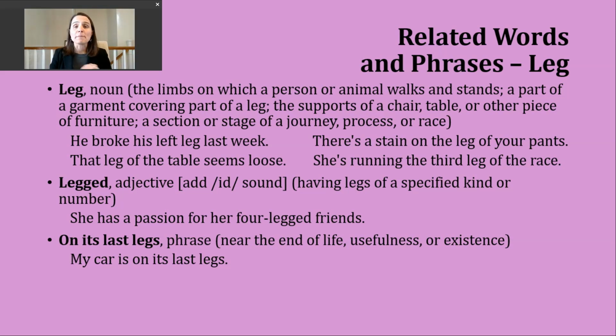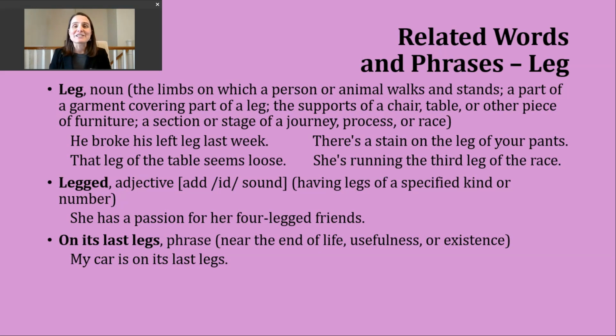A second way we might use the noun "leg" is to refer to a piece of clothing, a garment that covers either the whole leg or a part of a leg. An example of that might be, "there's a stain on the leg of your pants," right? So we're telling the person where that might be.